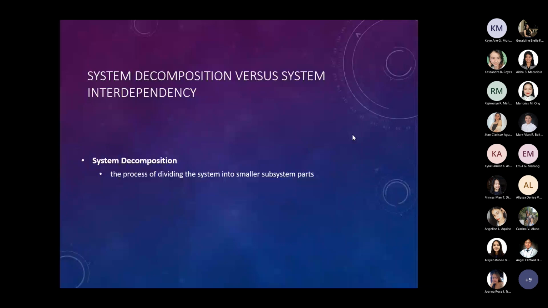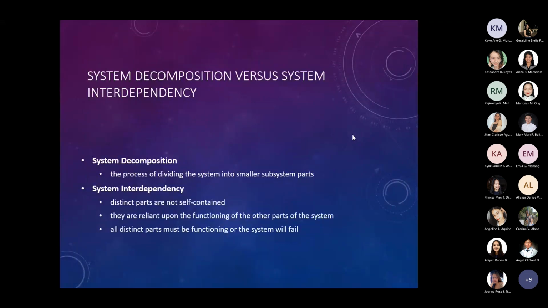Yun namang interdependency is yung isang system is not distinct, is a distinct part and not self-contained. It is dependent on another system. Kunyari, financial reporting system. Financial reporting system is interdependent saan? Sa iba't ibang system or subsystems ng financial system. Nagigets ba? Uulitin ko.